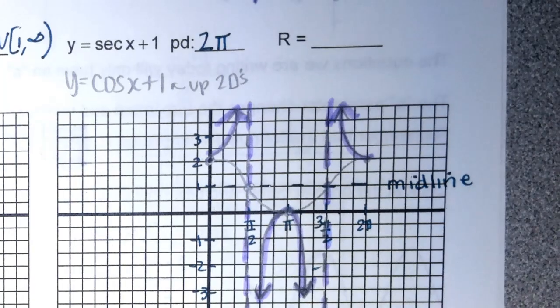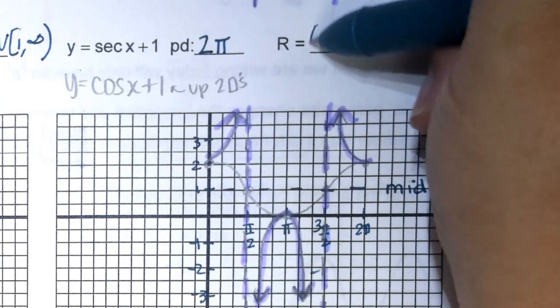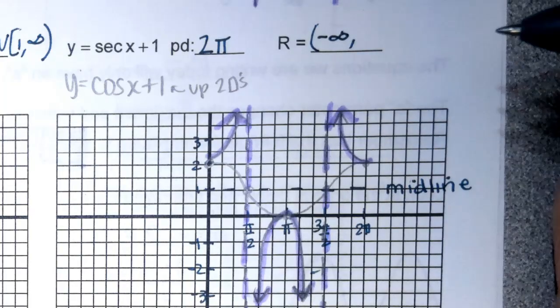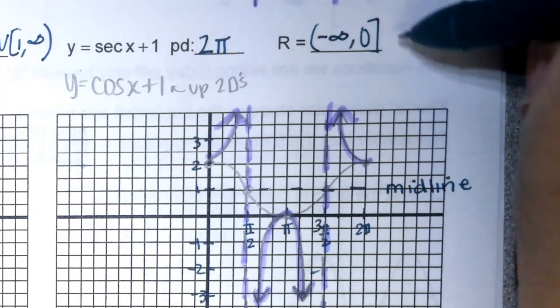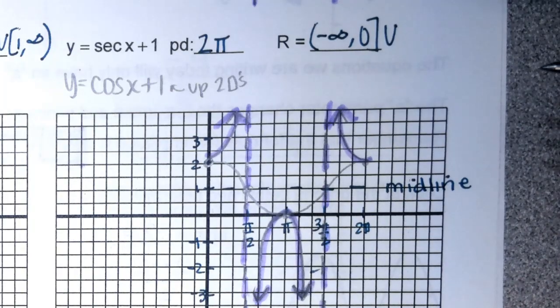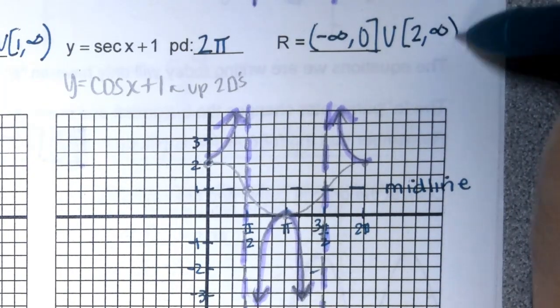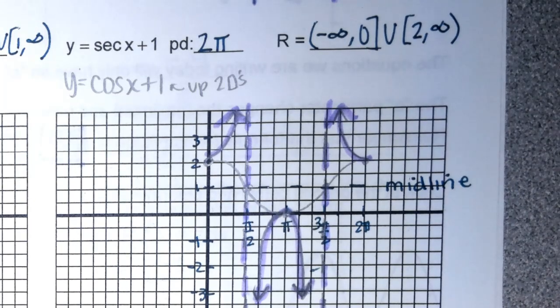What is my range going to be? Negative infinity to 0, union with, what's it jump to? 2 to positive infinity.